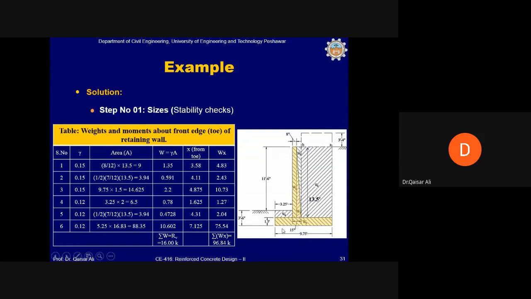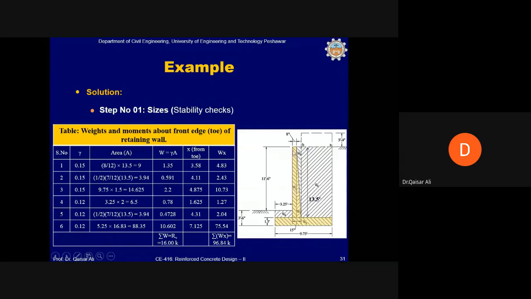The distance from the point O, which is the tip of the toe, can also be calculated with a little effort. So when these weights multiplied by the distances are calculated, the summation of Wx comes out to be 96.84 kip.